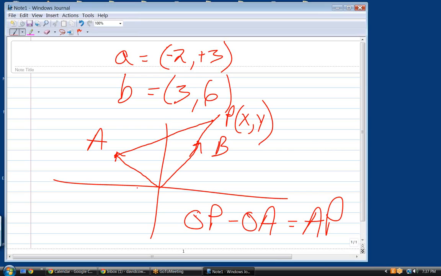That makes sense, right? If we're just looking at vectors, OP minus OA gives you this AP.